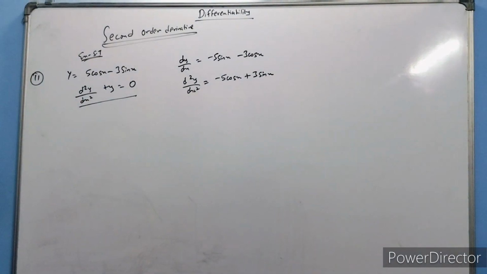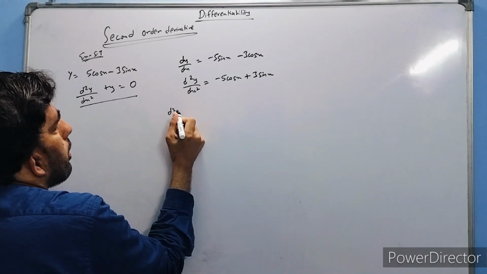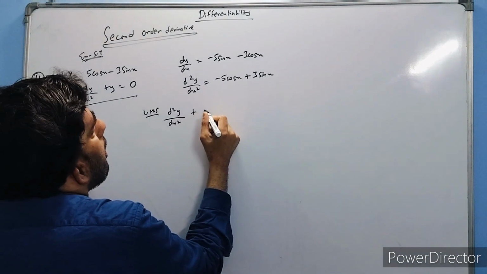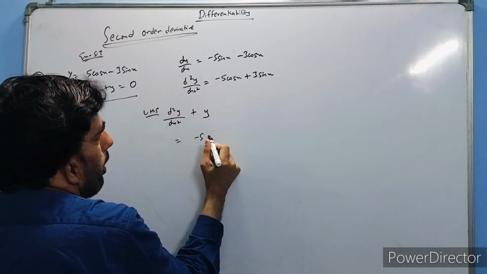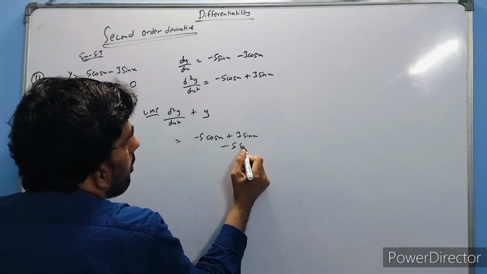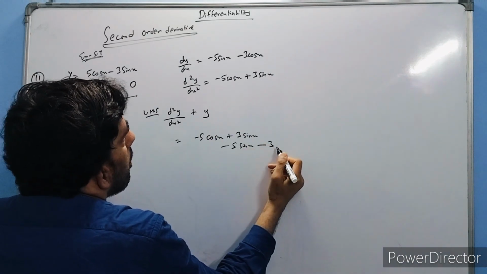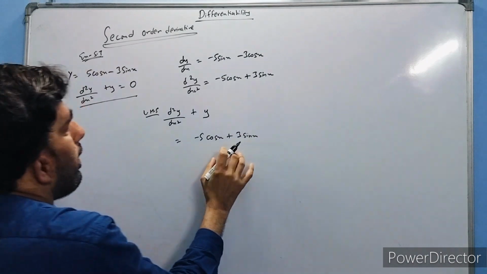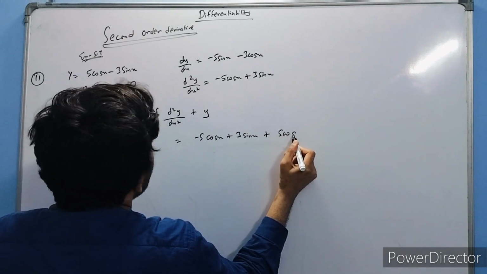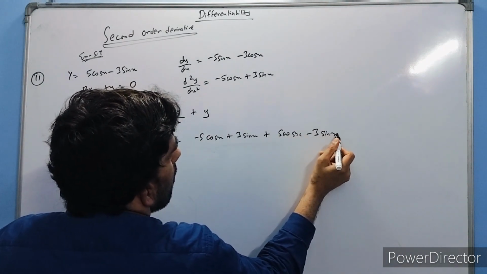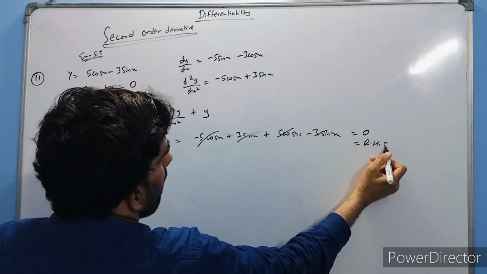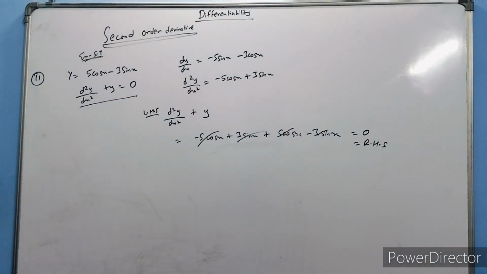Now we apply this to the LHS, that is d2y by dx square plus y, where y is 5 cos x minus 3 sin x. So what I have got here is equal to 0, that is equal to RHS. Okay, so that is how we try to differentiate.